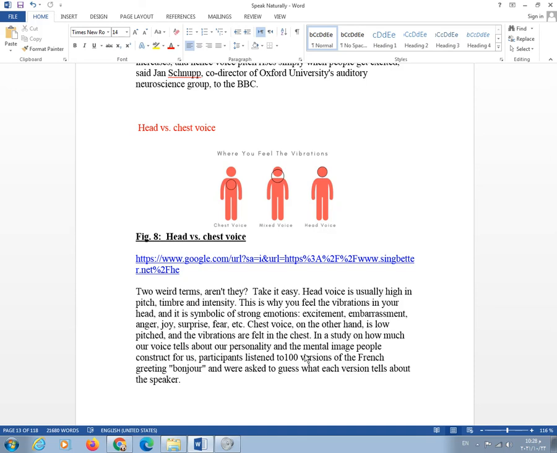Okay, in a study on how much our voice tells us about our personality and the mental image people construct for us، طبعا اتفقنا ان our voice makes people make instant guesses about us, about our personality, and they construct a mental image of us.